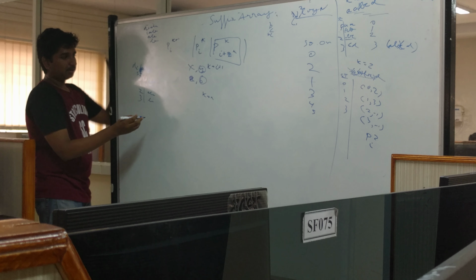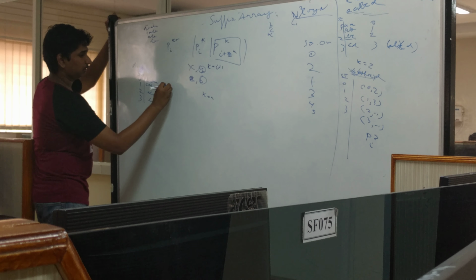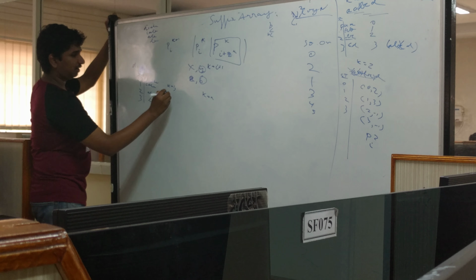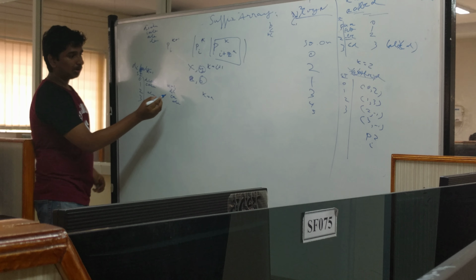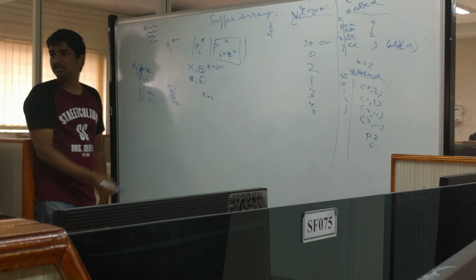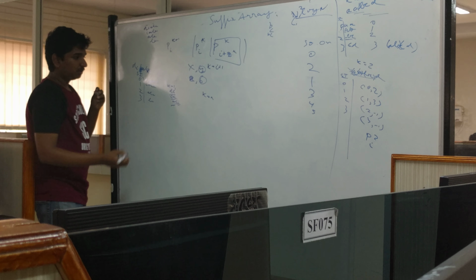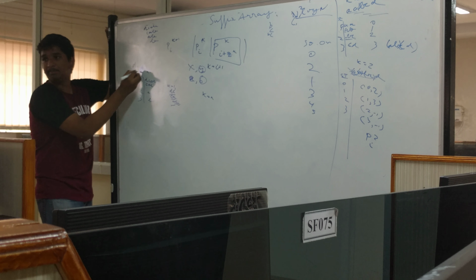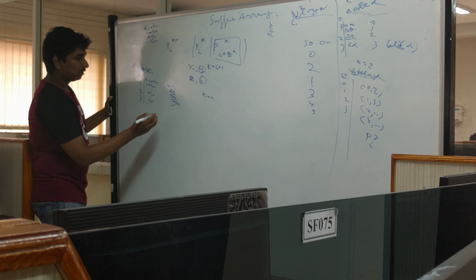So for k equals 1, I will compare DC, CA, AB. What will be the order of DC, CA and AB? AB will be first, CA second and DC third.